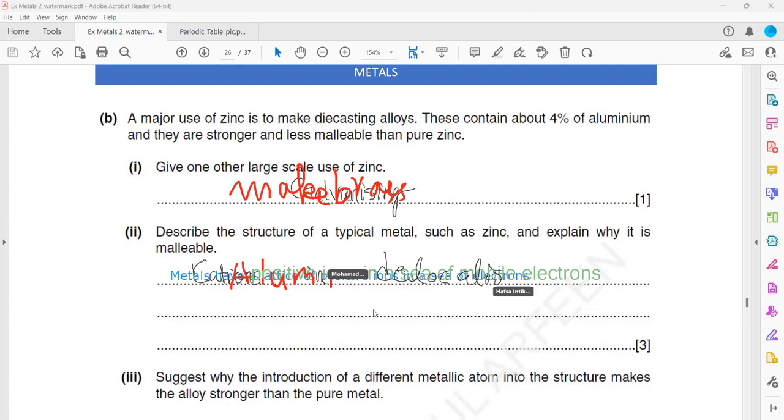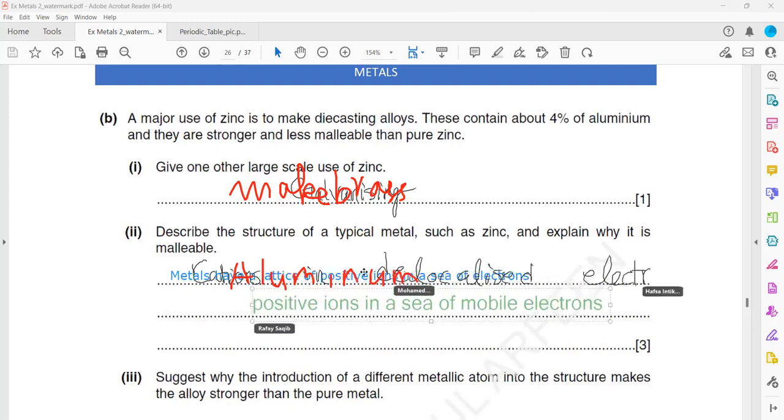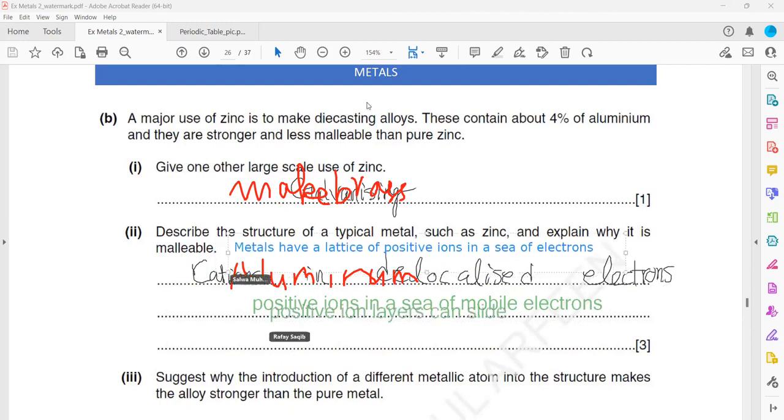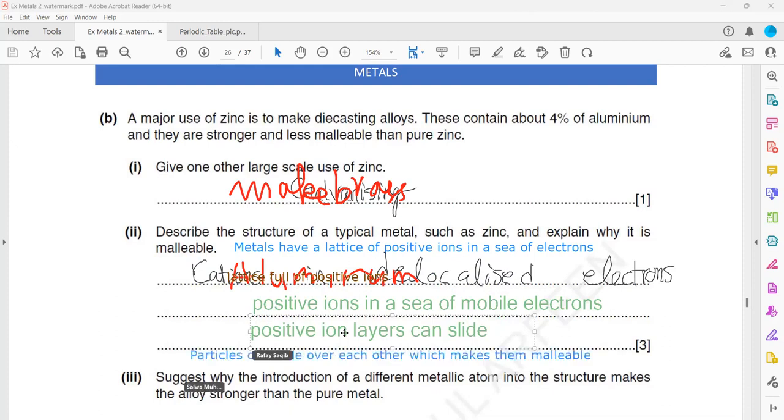Metal, positive ions in a sea of mobile electrons, held together by a strong force, and layers can slide over each other. That's right. The particles in a layer can slide over each other without breaking.